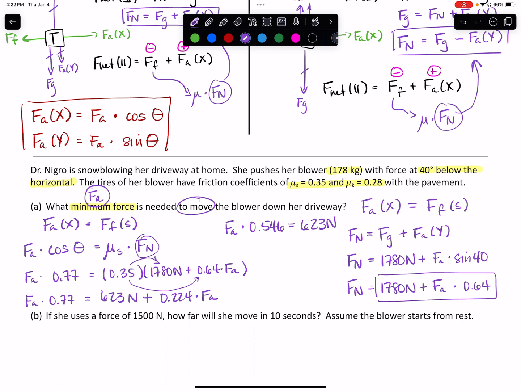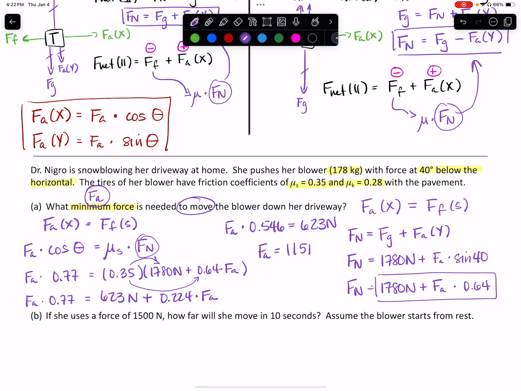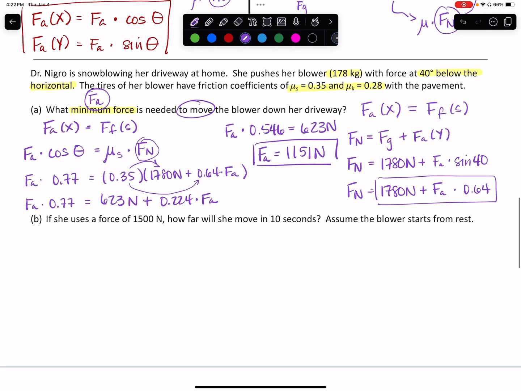Okay, so I'm going to divide both sides by 0.546, and I find that the applied force here should be in the ballpark of 1,151 newtons. Okay, so that is the minimum force that I can apply at this angle and make my snowblower go.